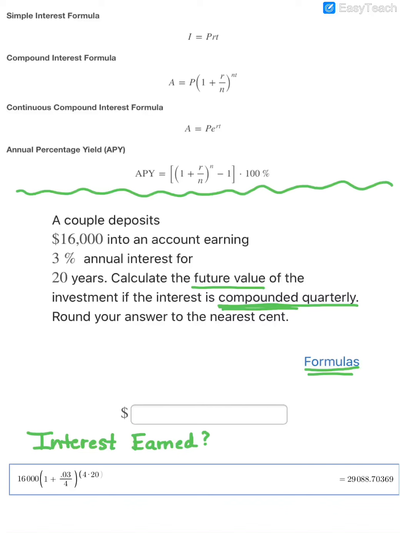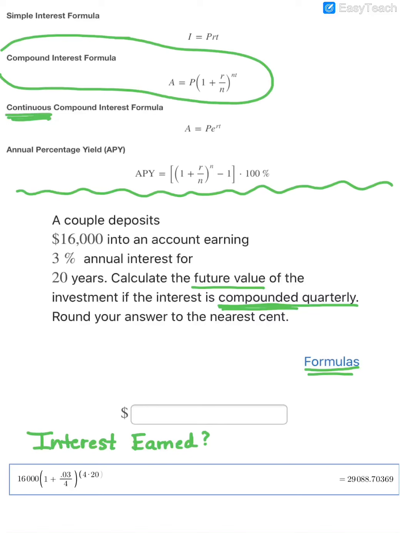If interest is compounded, then you cannot use the simple interest formula. When it is compounded quarterly, we're going to use the second one here, just called the compound interest formula. If it had said compounded continuously, then you would use the third formula.